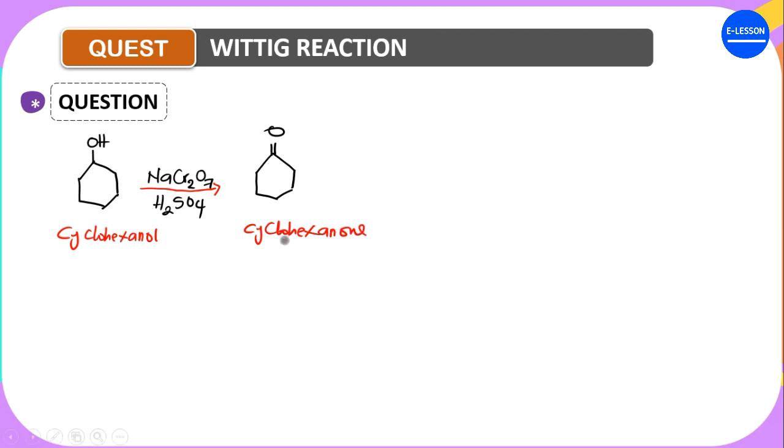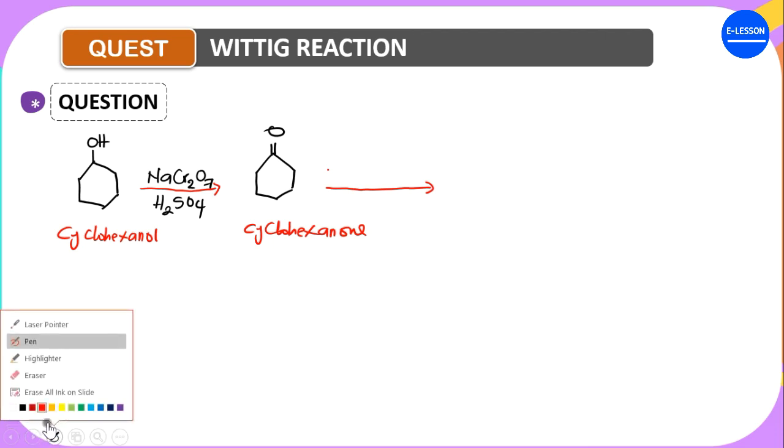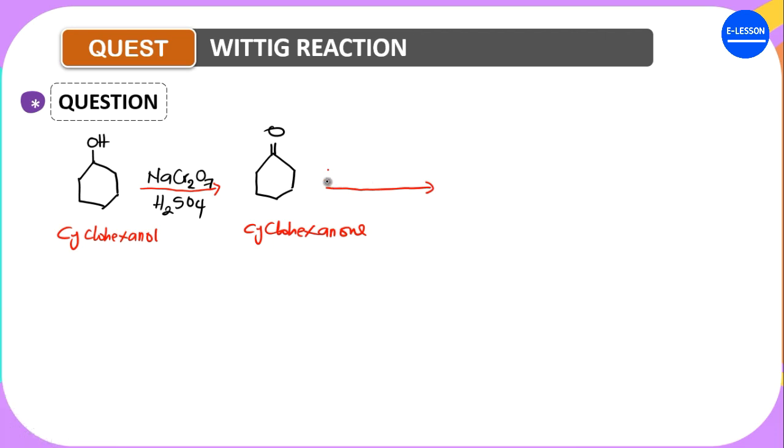Now, when this cyclohexanone undergoes the Wittig reaction, what do you think is going to form? It's going to form the product that we are looking for. So which ylide are we going to use? We need to know the choice of ylide that will give us that product, and the only one is the simplest ylide, the one with CH2.